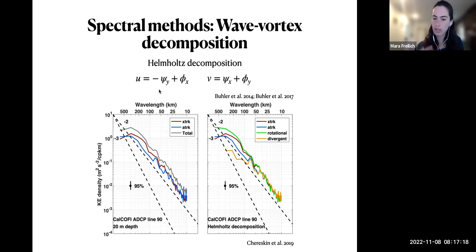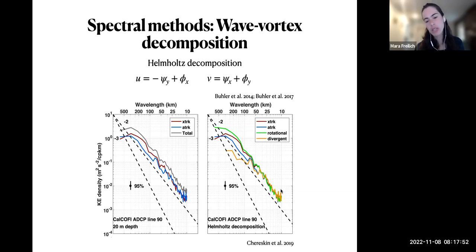And that allows us to look at the spectrum of the rotational components associated with the stream function and the divergent components associated with the velocity potential. And in Terry's work with the ADCP, what she found is that the rotational components are dominant at larger scales, with the rotational and divergent components having approximately similar energy at the smallest spatial scales, which is to be expected, that we would have the dynamics be more in balance at large scales with less balance at small scales.